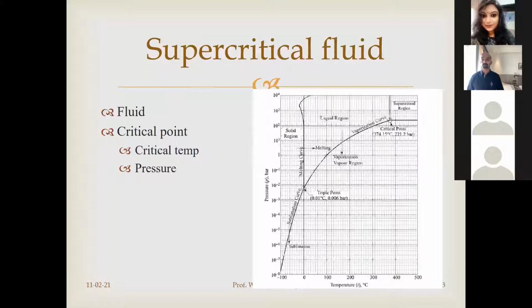For example, critical temperature. If you can see this particular graph, it is a graph of pressure versus temperature for water. Okay.